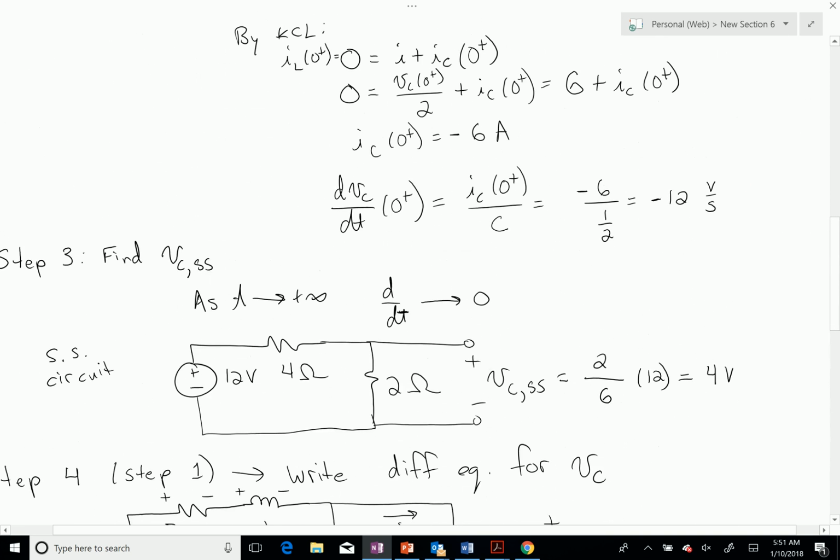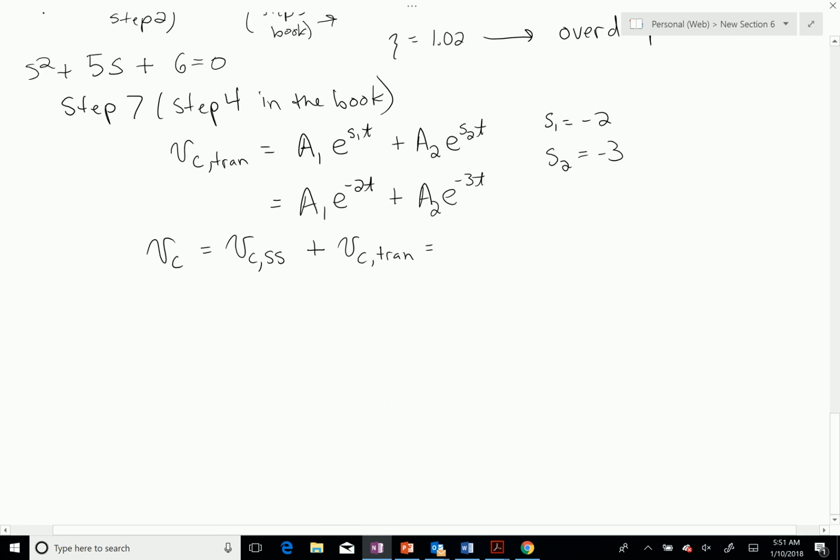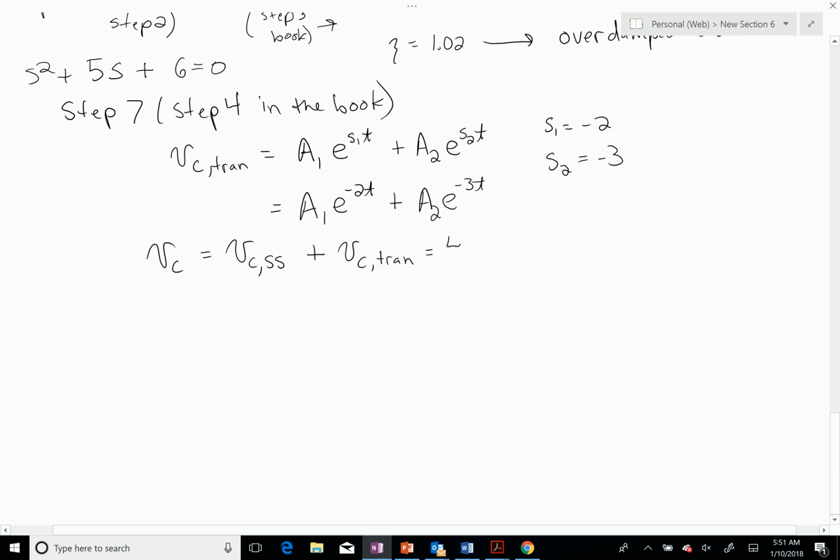We determined that back in step 3. That was 4 volts. So 4 volts plus A1 e to the minus 2t plus A2 e to the minus 3t.